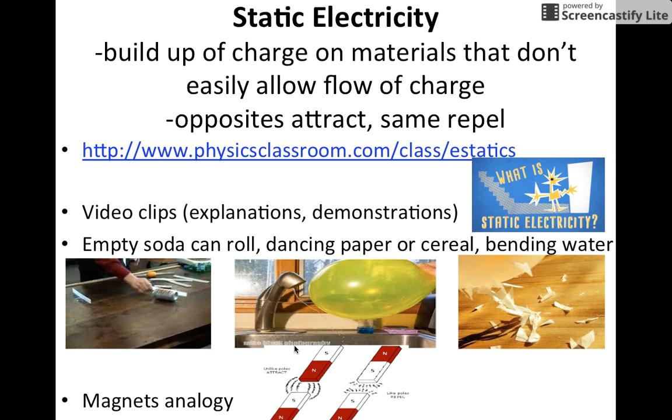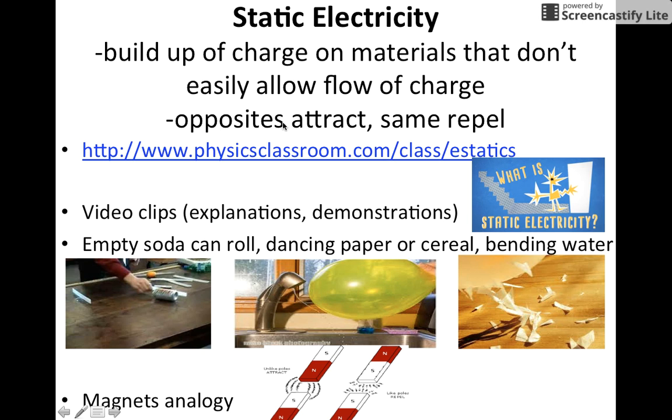If you think of a current in water, that's a good analogy when you're teaching your students current electricity, the flow of water, like in a stream. Same thing here. So this is static, just sitting there. And on certain materials, such as a rubber balloon, that doesn't really allow that flow of charge, the charges can just kind of sit on that rubber material.